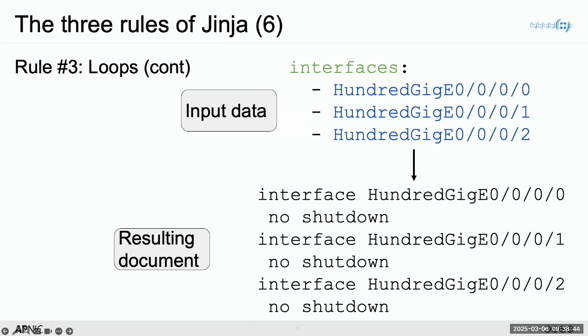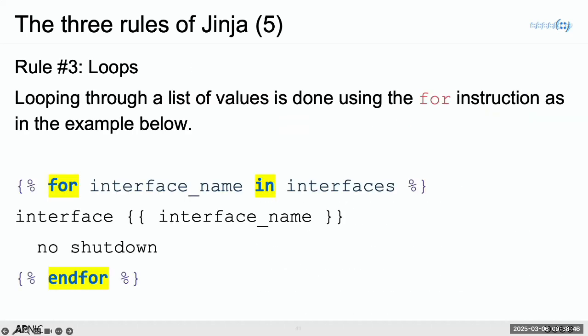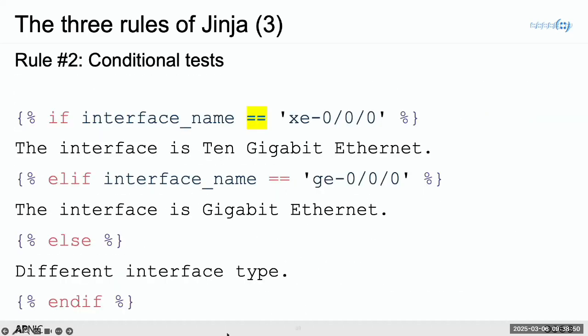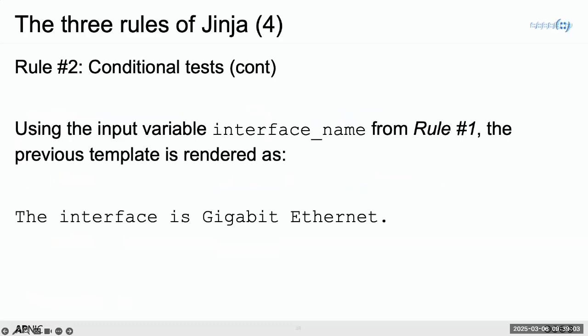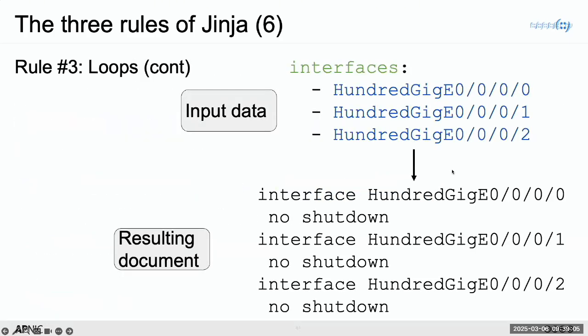So if we talk about the previous for loop example, it is checking through the for loop and then checking the if condition against it, so it will be able to print: the interface is 10 gig, because based on the value we have given here, it will be able to give us that.